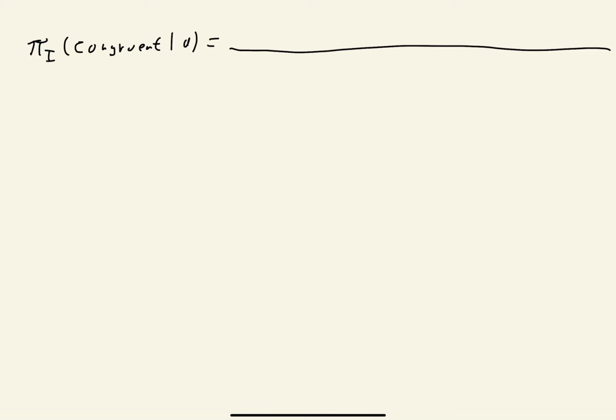So it's the probability that I is of a congruent type, times the probability that he is choosing A in period 1, given that he's of a congruent type. And this above here is simply given by pi I, as given in the exercise description.